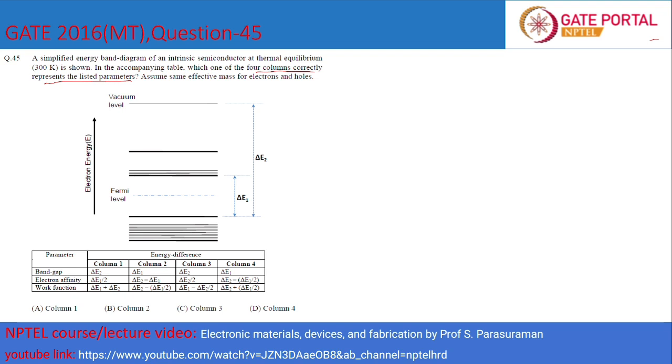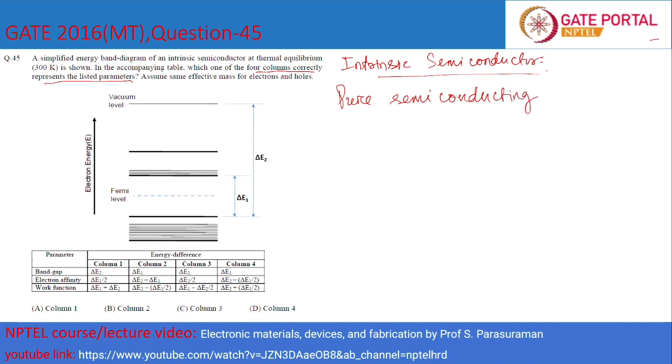First, let us consider what an intrinsic semiconductor is. This means pure semiconducting material without any defects or impurities.